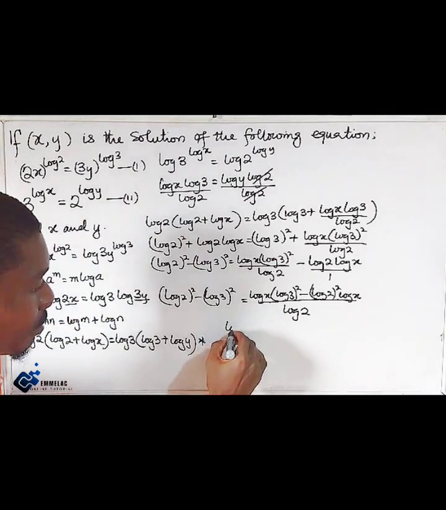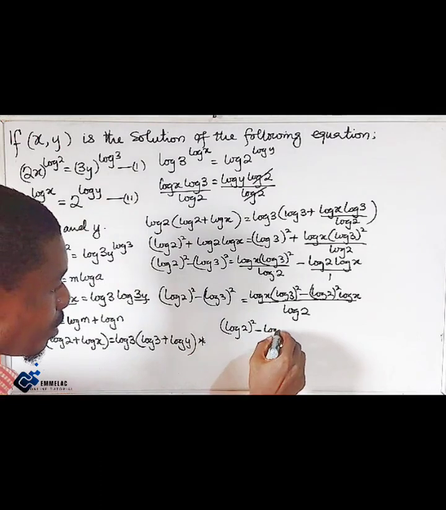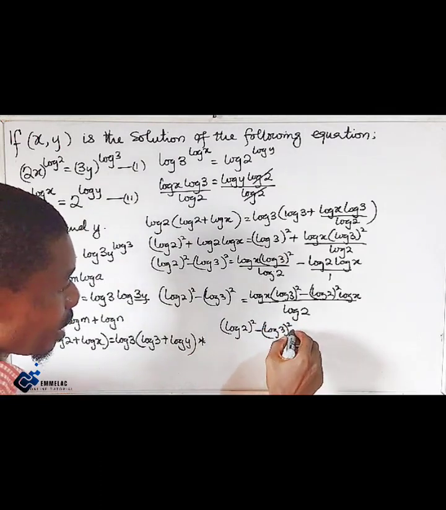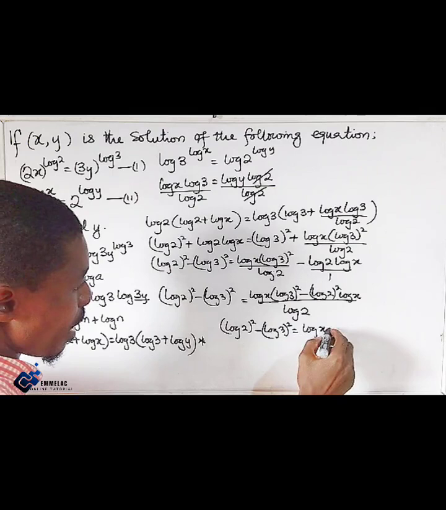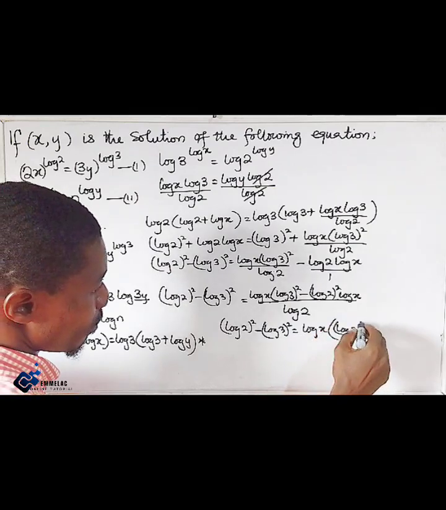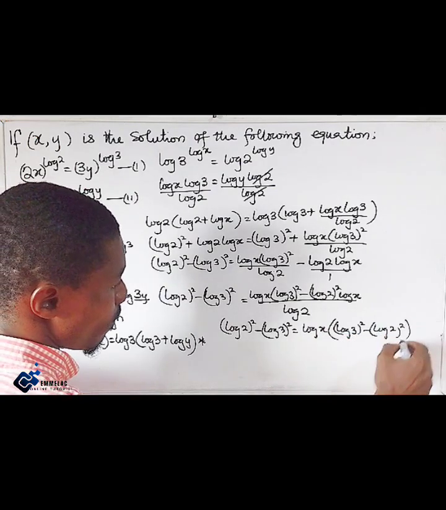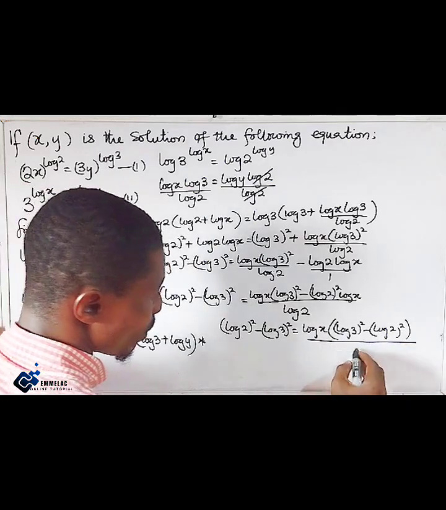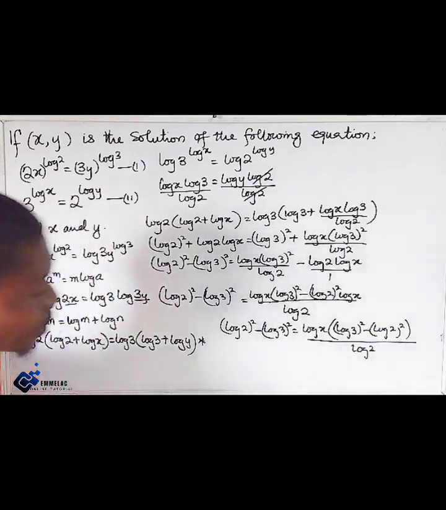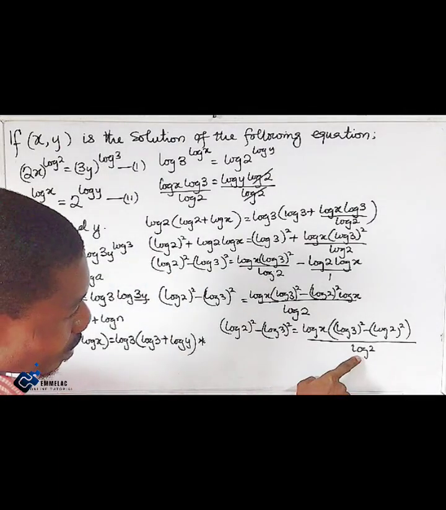So we end up having log 2 all raised to the power of 2 minus log 3 all raised to the power of 2 equals log x now into (log 3 raised to the power of 2 minus log 2 all raised to the power of 2), then all over log 2. Okay, now to this end, let us bring log 2 here.